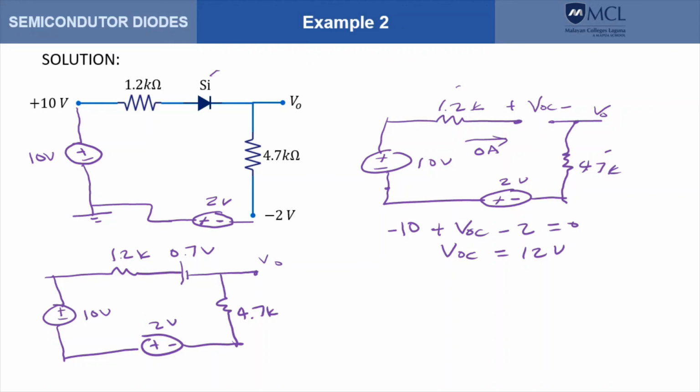And from here we can determine the current. So let's compute for this current. We can write KVL, starting here.